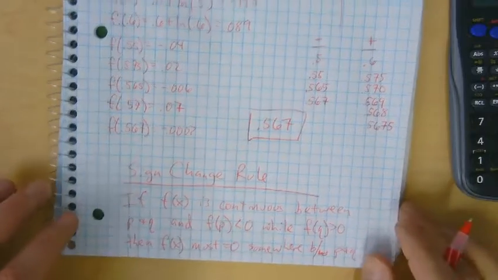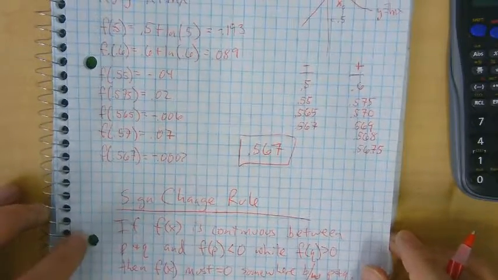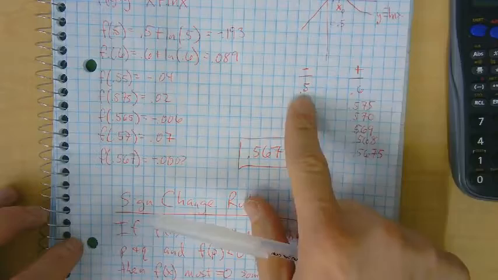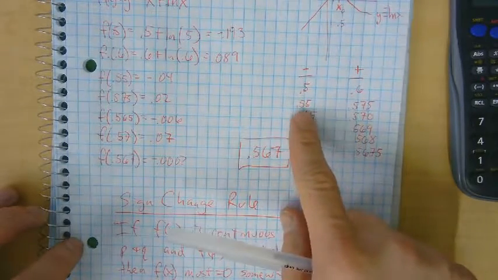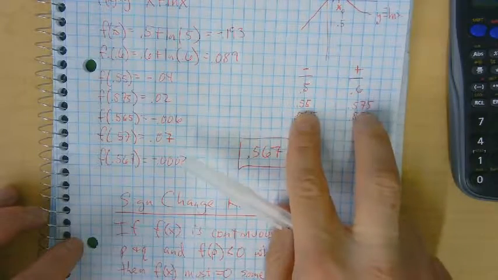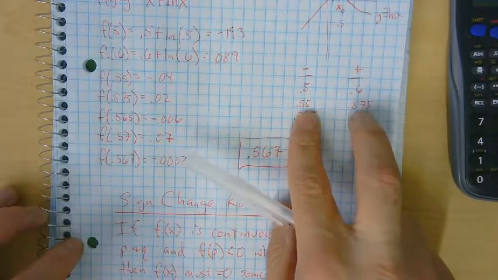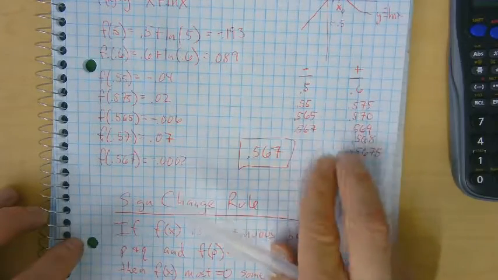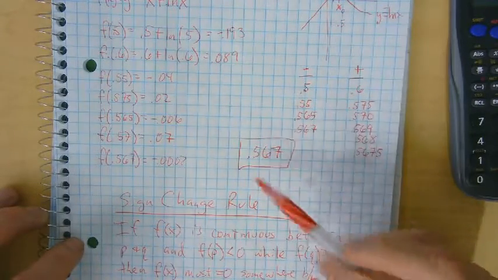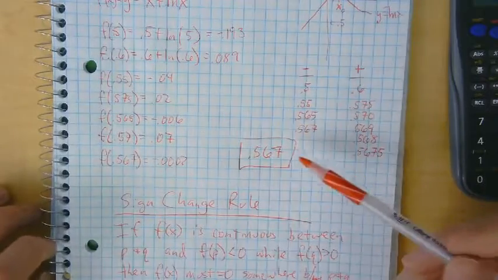All right, that's just sort of formalizing what we did here, right? So we knew that there was a negative here and a positive here, so the root has to be between the two. So we narrowed it in. Let's check between this one and this one, right? This one's negative, this one's positive, so now I know my root has to be between those two things. And then I just kept going in there and narrowing it down until I got as accurate as I needed to be.